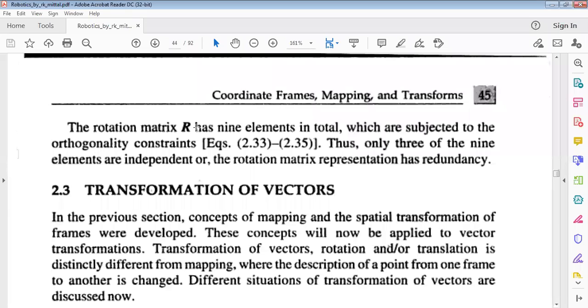In a rotation matrix, there are 9 elements in total, which are subjected to the orthogonality constraints.